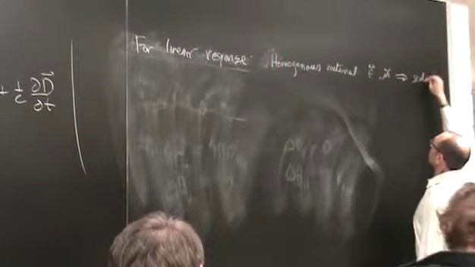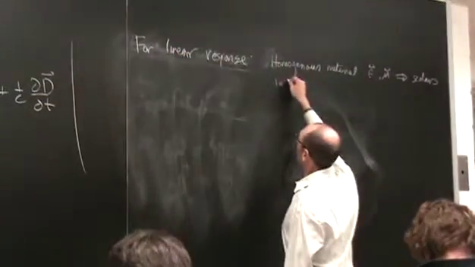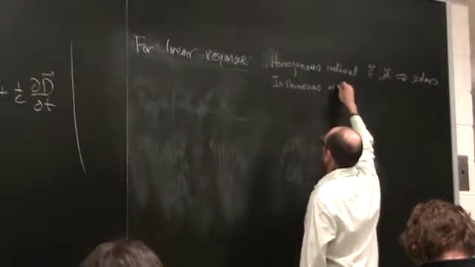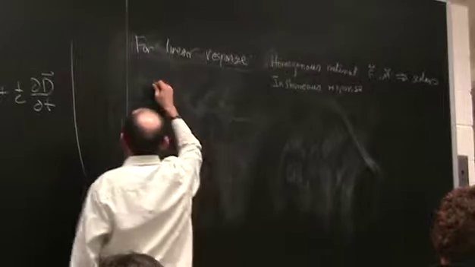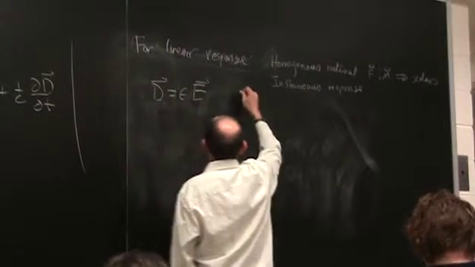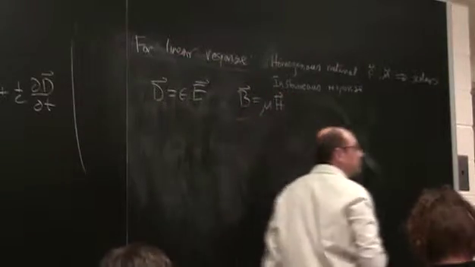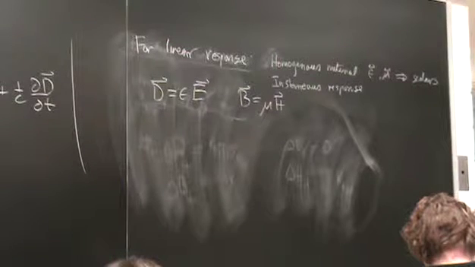Scalars. Instantaneous response. So in this case, D is epsilon E, and B is mu H, where epsilon and mu are just scalars.